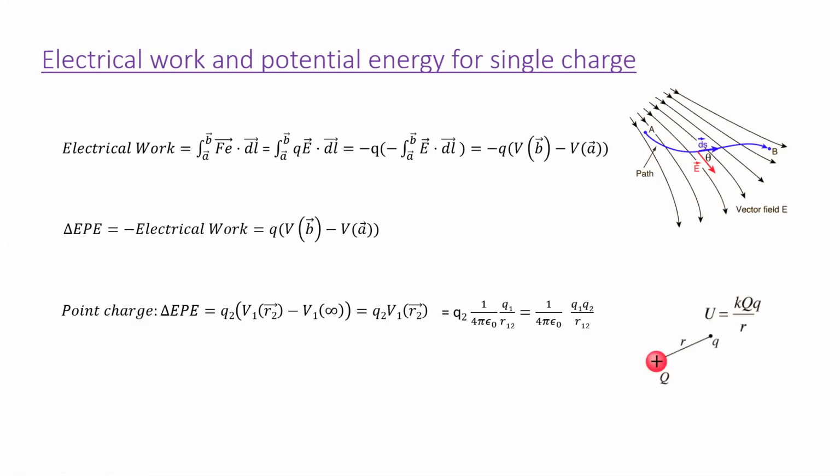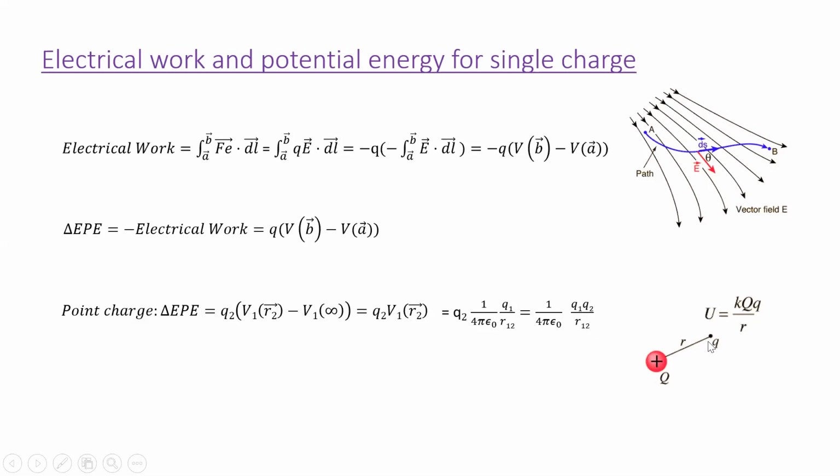And so we can write that out as Q2 times what we derived last time, the electric potential of the point charge, 1 over 4 pi epsilon naught Q1 over R. We called it R last time, now it's R12 for the distance between charges 1 and 2. And then if we like, we can move Q2 in with Q1 to make a nice symmetrical formula: 1 over 4 pi epsilon naught Q1 Q2 over R12.